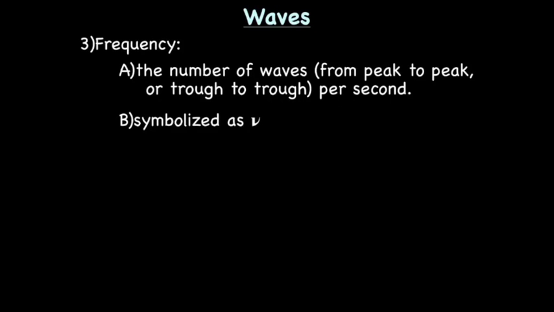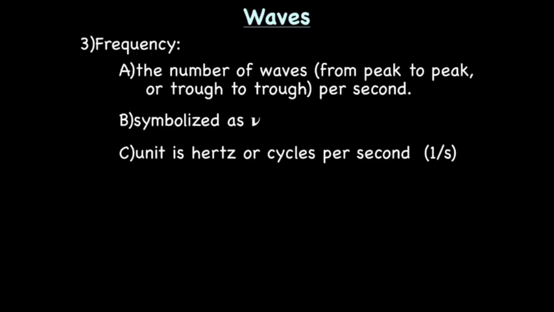Frequency is symbolized by this funky looking V thing, the Greek letter nu. Its unit is hertz, abbreviated Hz, and it means cycles per second. In mathematical calculations, we normally use the unit 1 over s, for 1 cycle per second.